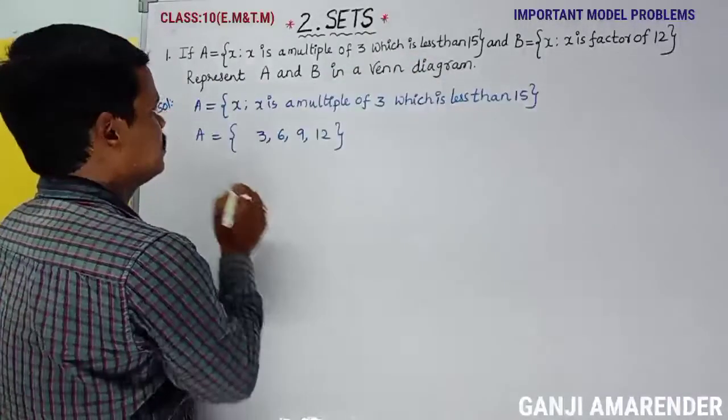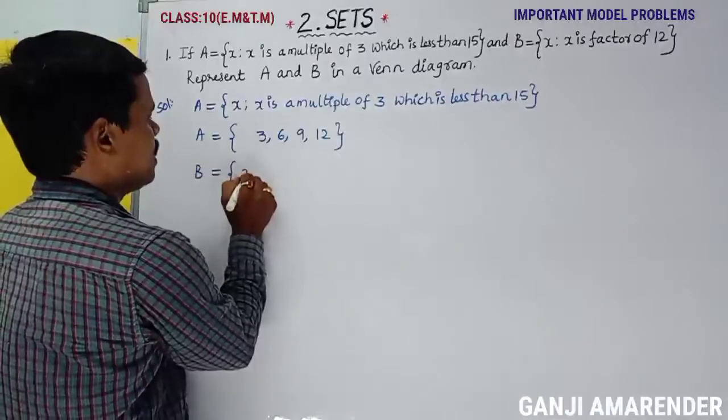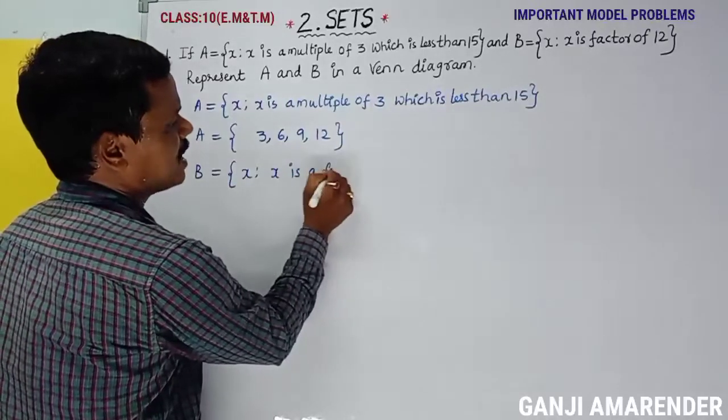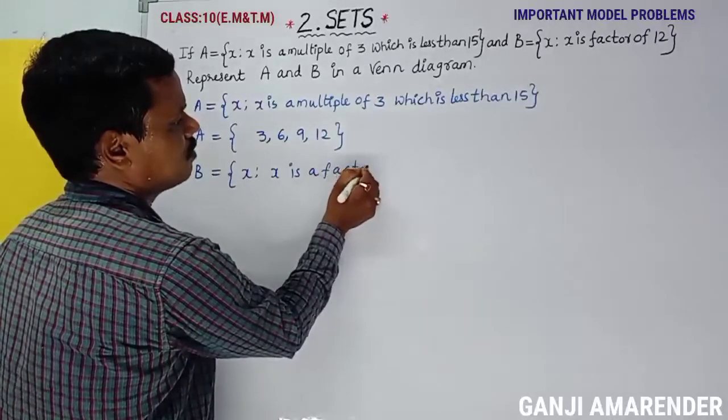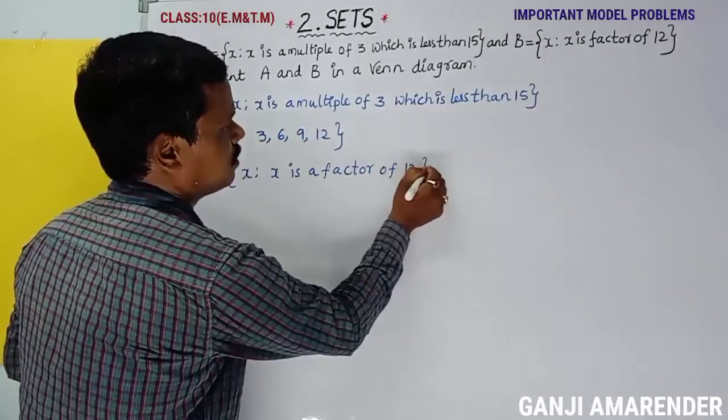Now write the set B in roster form. B is equal to x such that x is a factor of 12.